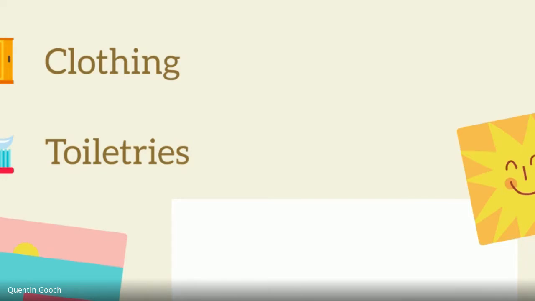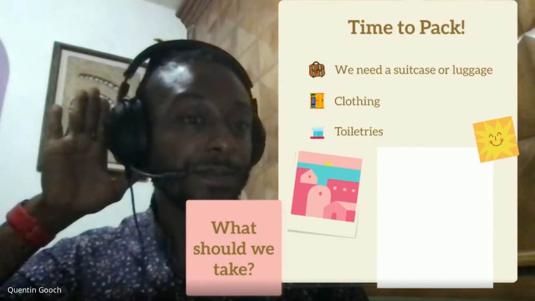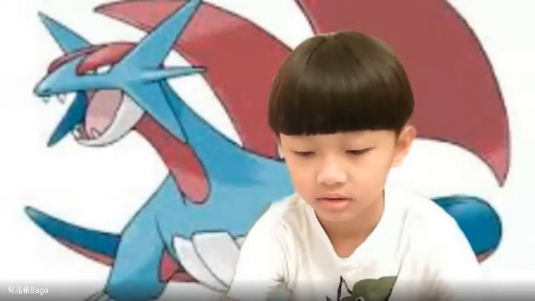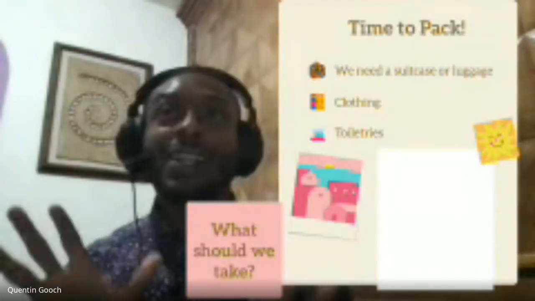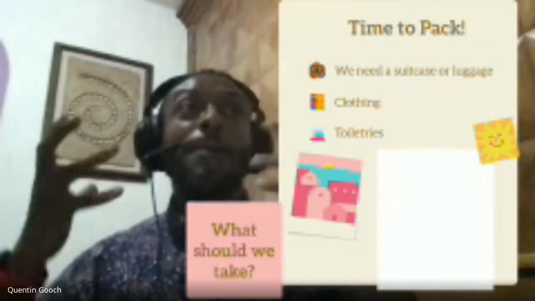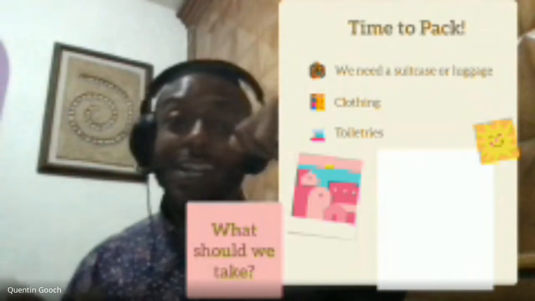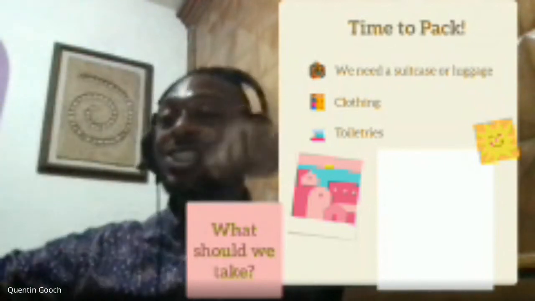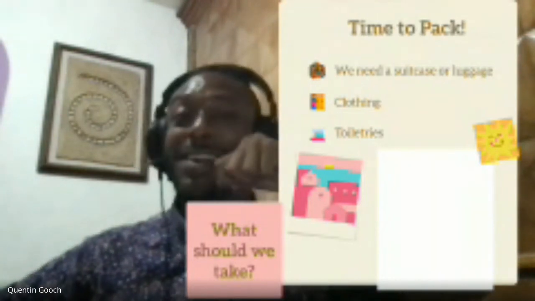The other thing that we usually bring with us on trips are toiletries. Now, this is a harder word. Toiletries. Let's hear that one. Toiletries. And toiletries are the things that we need to keep ourselves clean or to be healthy, like a toothbrush and toothpaste, so we can brush our teeth while we're on vacation.